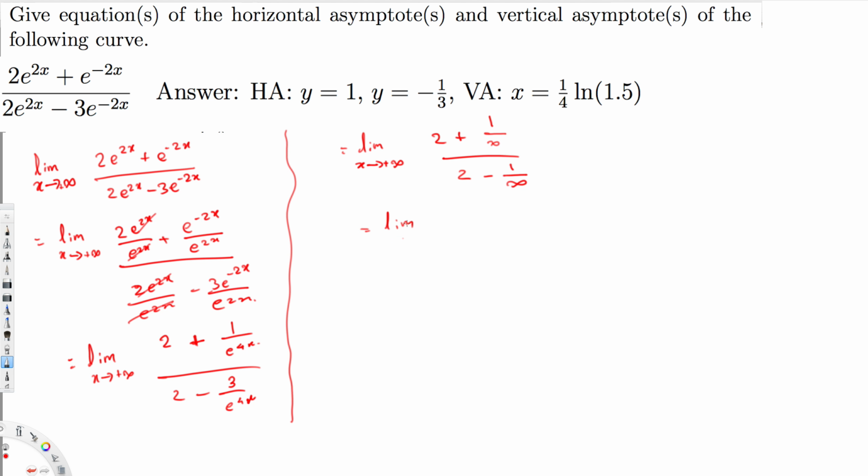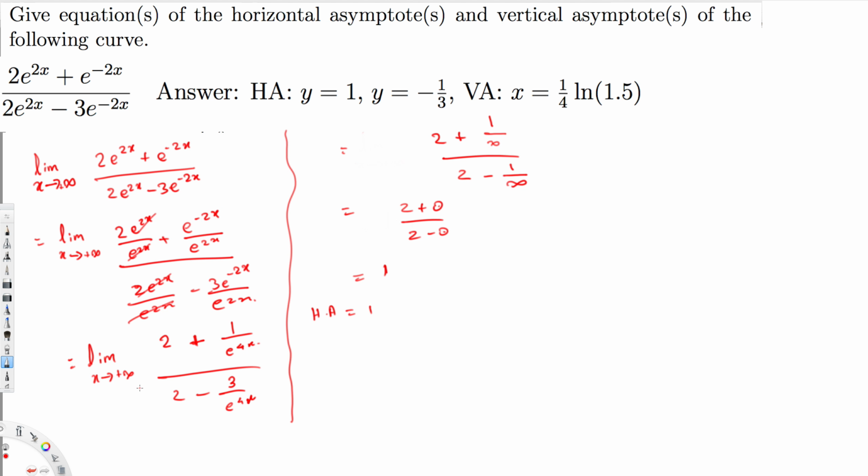We shouldn't write the limit here because we are substituting already. So it's going to be equal to 2 plus 0 over 2 minus 0. Now the 2s divide each other and it becomes 1. That's my horizontal asymptote, y equals 1. So this is for positive infinity.